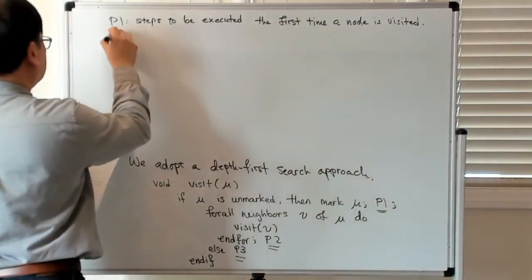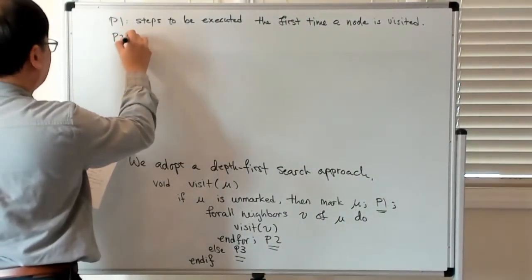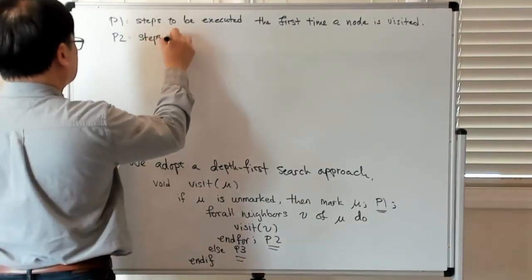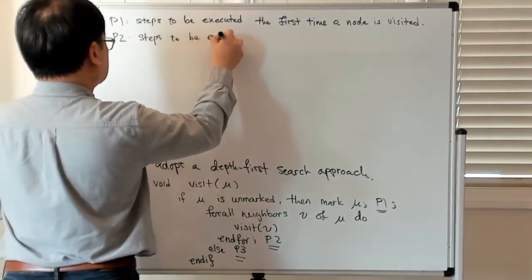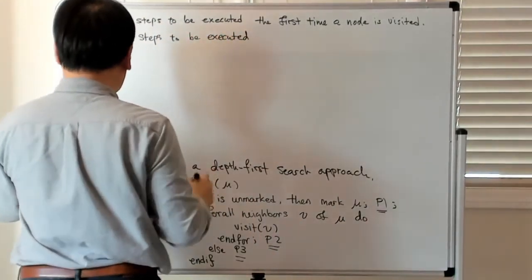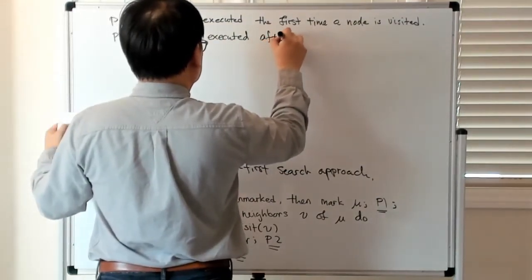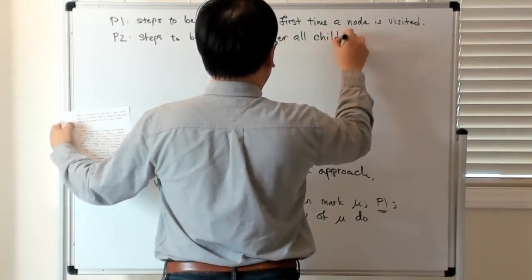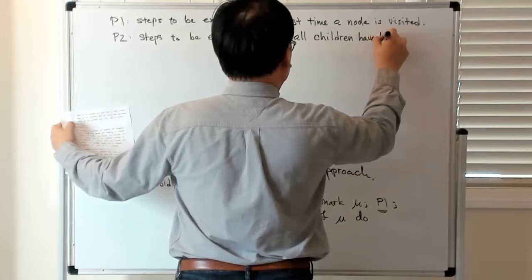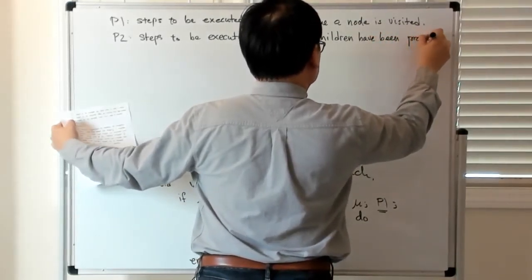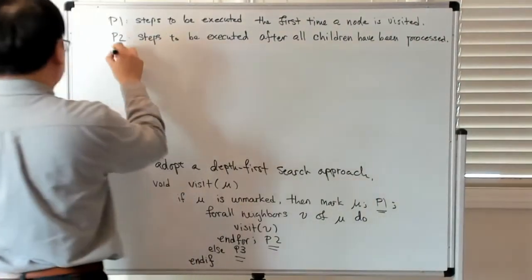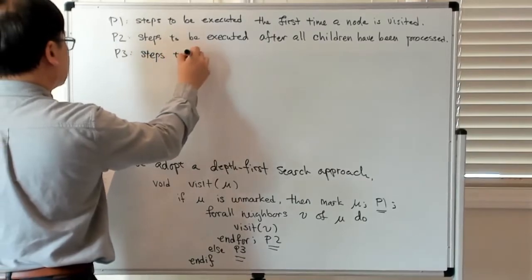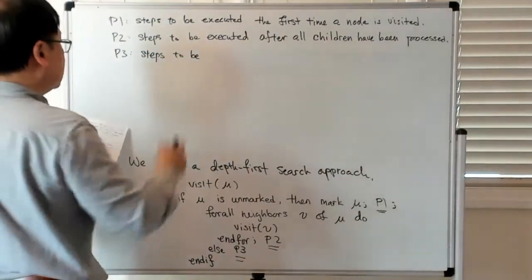P2 is what you do after you've processed all the children. Then P3 is the steps to be executed when you're revisiting a node.